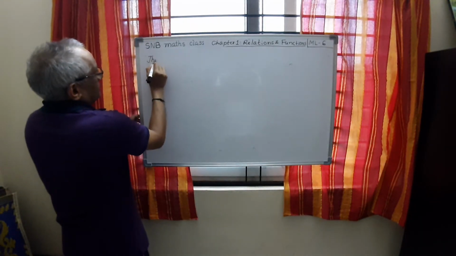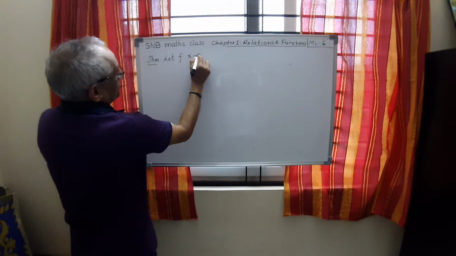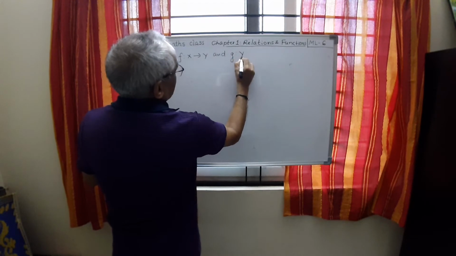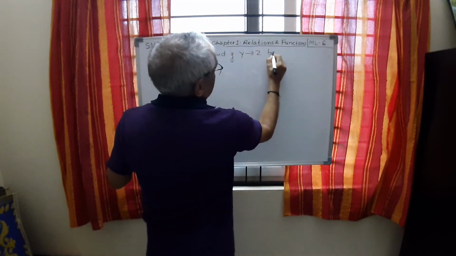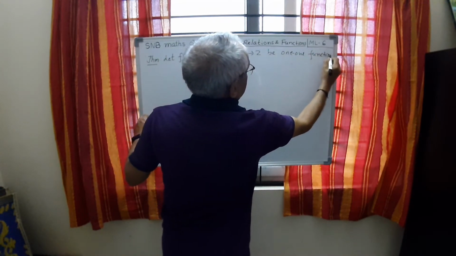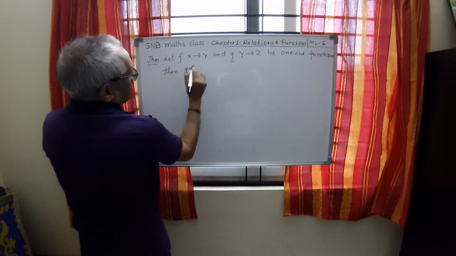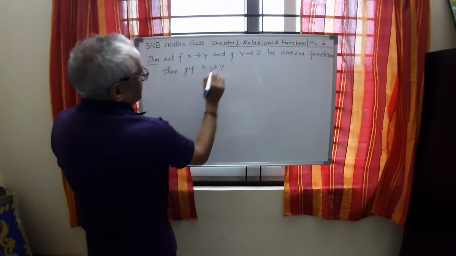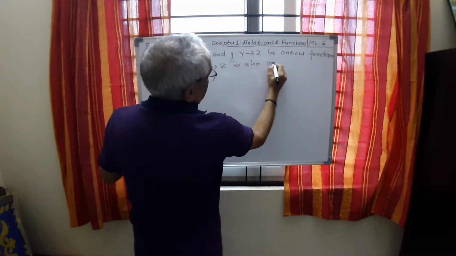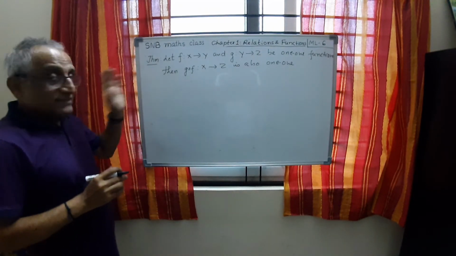First theorem is this: let f from X to Y and g from Y to Z be 1-1 functions, then g of f from X to Z is also 1-1.